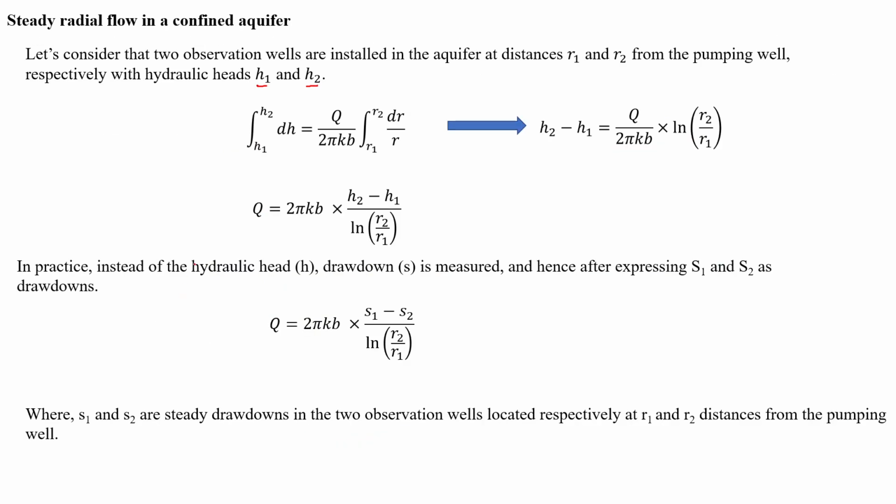We have seen this equation. Now we just reshuffle the terms, and we would like to estimate Q. We know that Q equals 2 pi r into b into k into dh by dr. But what is the problem?